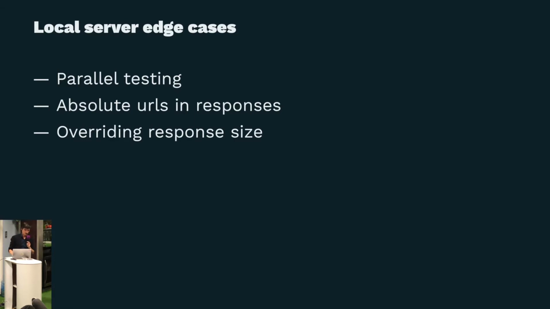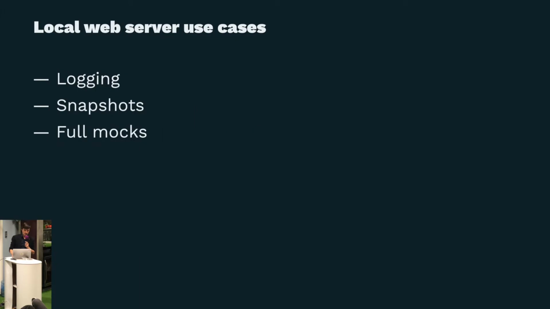So we had to solve this too, but with Ambassador it was actually very trivial. There are maybe some other edge cases that we just didn't encounter yet. So now let's talk about how we use this thing.